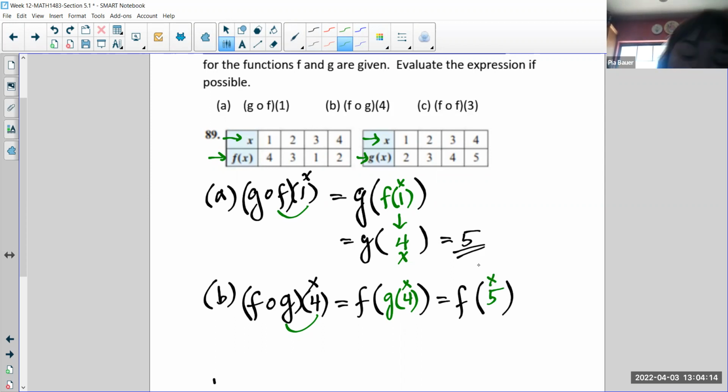That's an X. And then forget about the G, forget about the X equals 4. We look at the function F and we substitute that X equals 5 into F. So we go to the table where F is and we look for a 5, and there is no 5 in there.